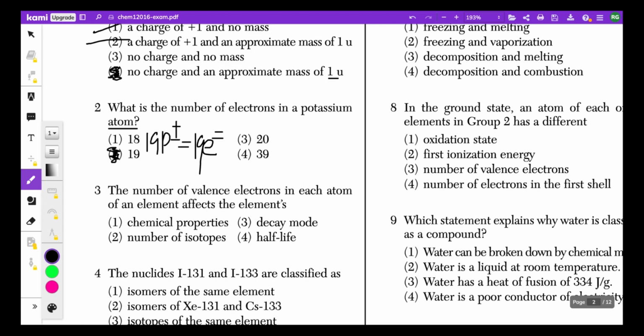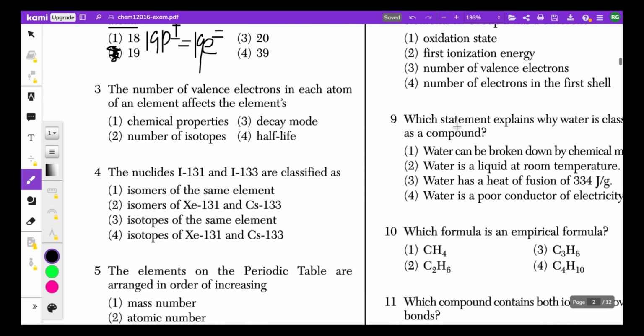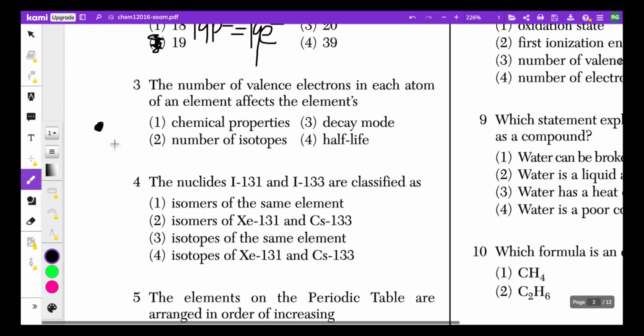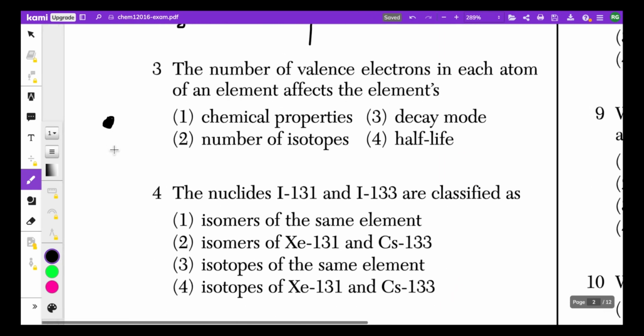The number of valence electrons in each atom affects the element's what? We can represent an atom like a solar system. In the center, we have our sun, or our nucleus, and the nucleus has neutrons and protons.